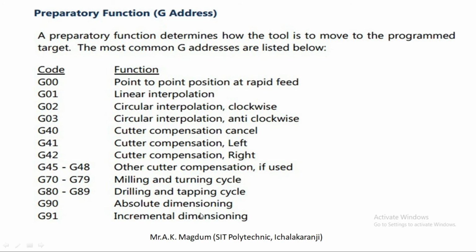G90 is for absolute dimensioning, G91 for incremental dimensioning, and there are also cutter compensation, milling cycles, drilling and tapping cycles. For all machining related to tool movements, the preparatory functions are very important and should be used in the preparation of the program.